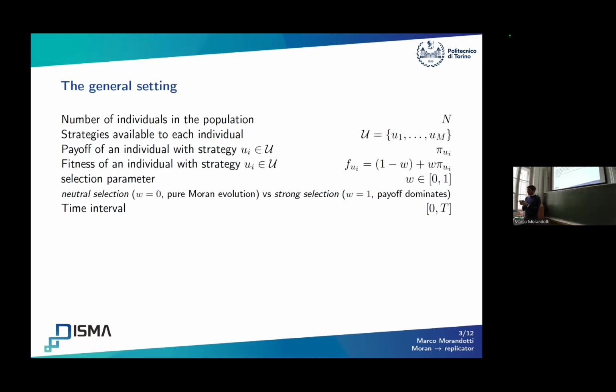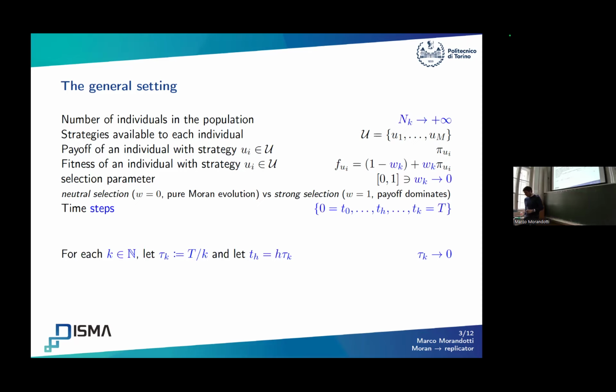You have to imagine that an individual plays games with other individuals. They see which strategy they have, and there's a description of the payoff that records the encounters of these two individuals. Everything happens in a time interval 0 to t, which will be fixed for the whole talk, and we won't be looking at t going to infinity, just a finite horizon.